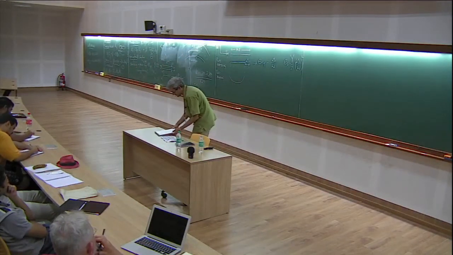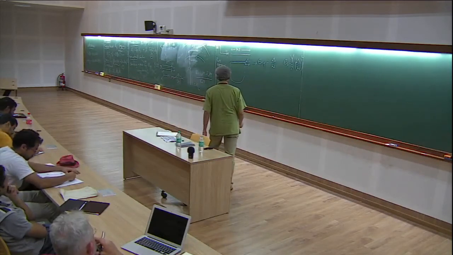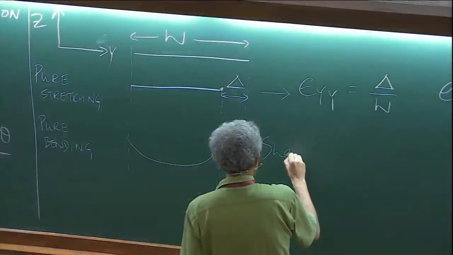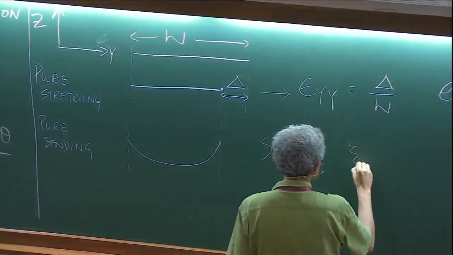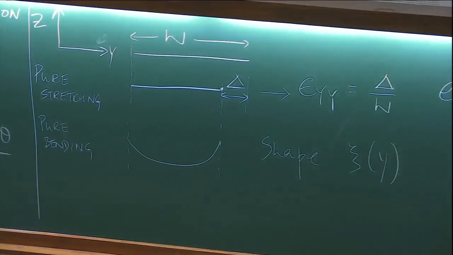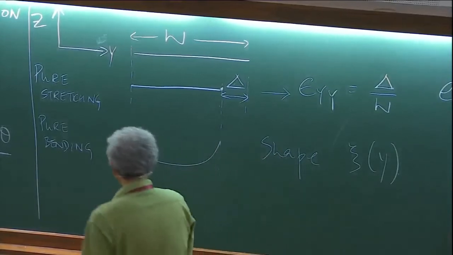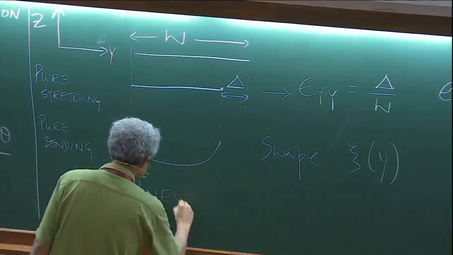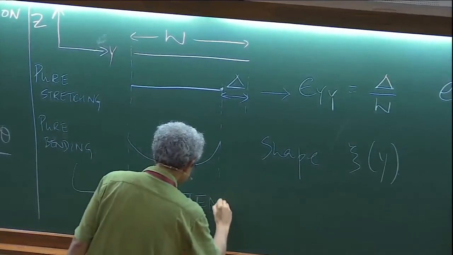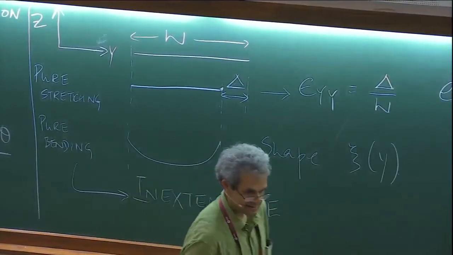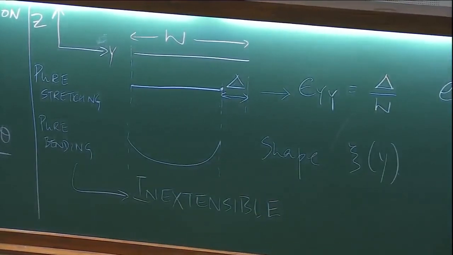Let's say the shape in pure bending is zeta of y. And what pure bending means is this thing is inextensible. Inextensible is the word used, though here it's not going to be extension, it's going to be compression, and there is no technical word for uncrunchable.